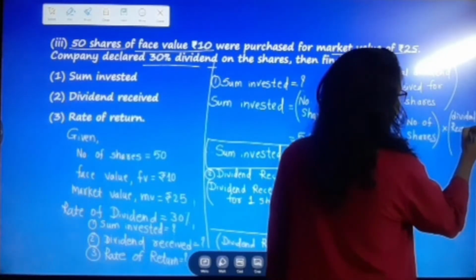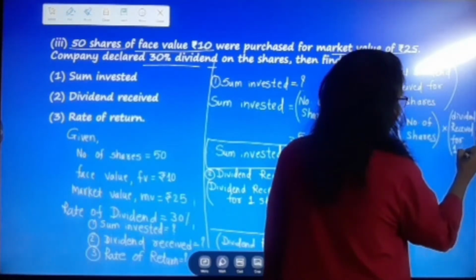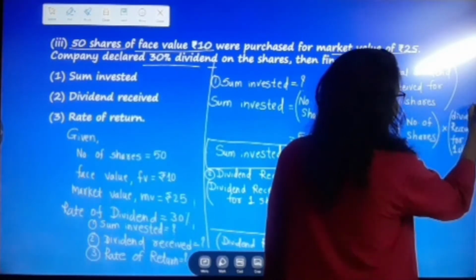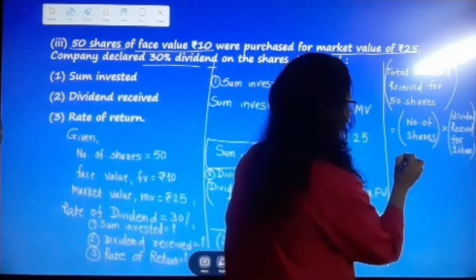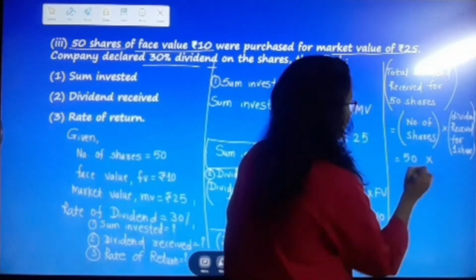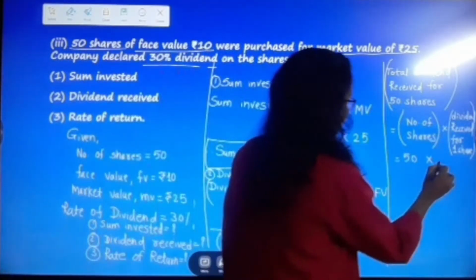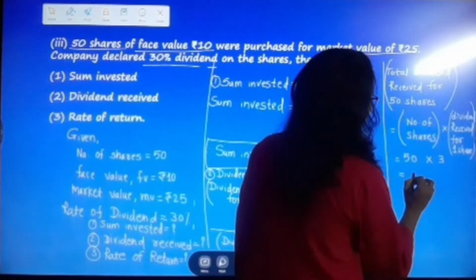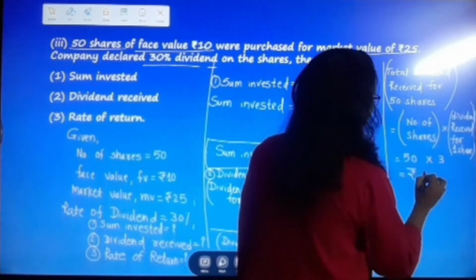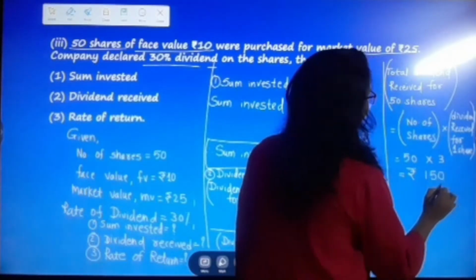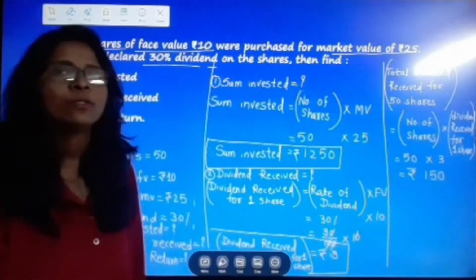Substituting, number of shares are 50 and the dividend received for one share is 3. So 50 multiplied by 3, that means the total dividend received is rupees 150. Okay students, the second question is solved.